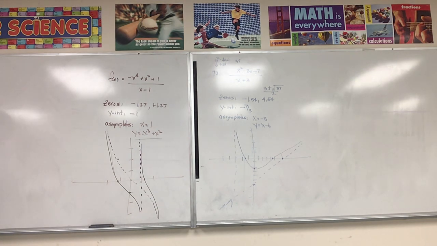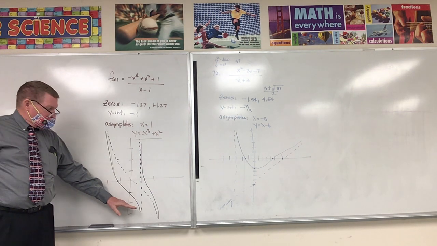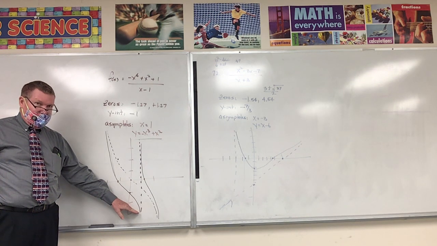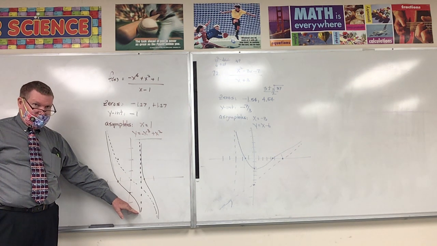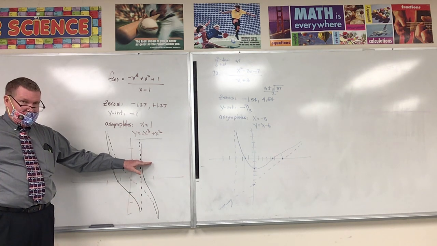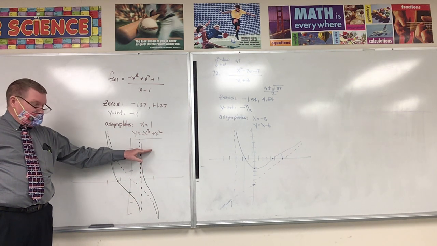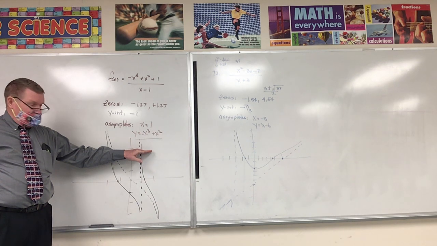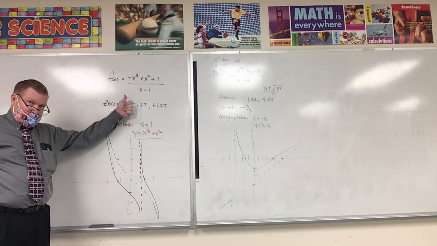Yes, ma'am? Can you write the limit? The limits? Okay, so the limit as x approaches 1 from the left-hand side is negative infinity. The limit as I approach 1 from the right-hand side is positive infinity, because it is going up.